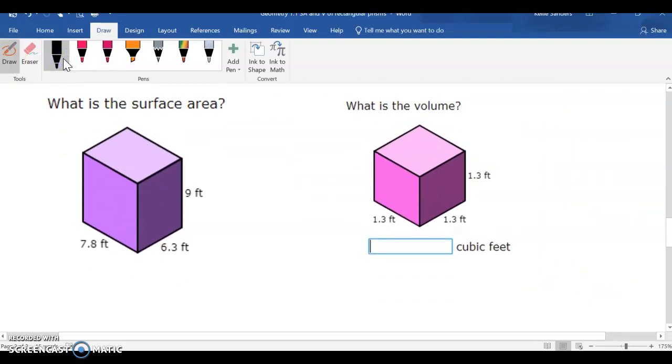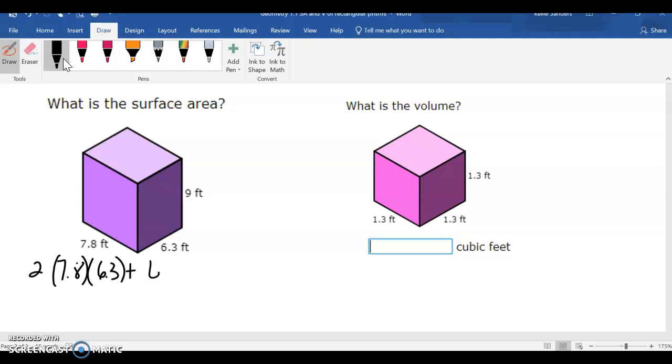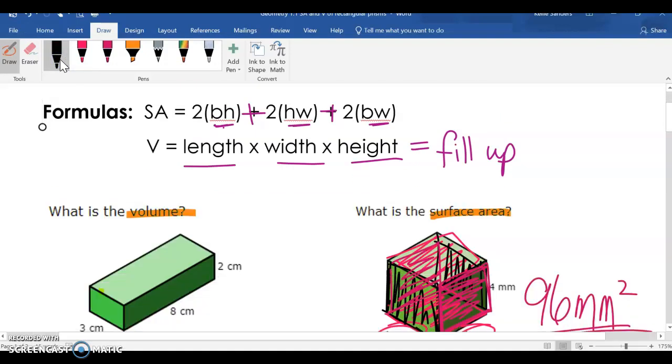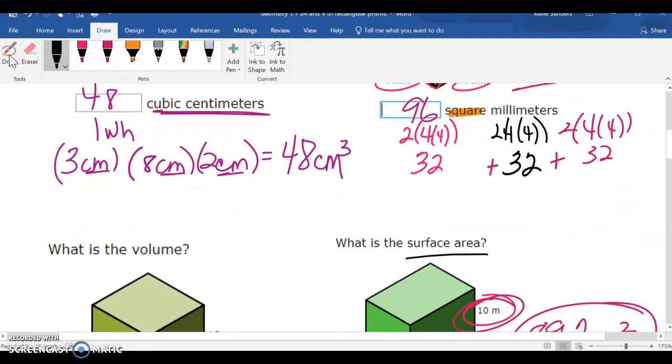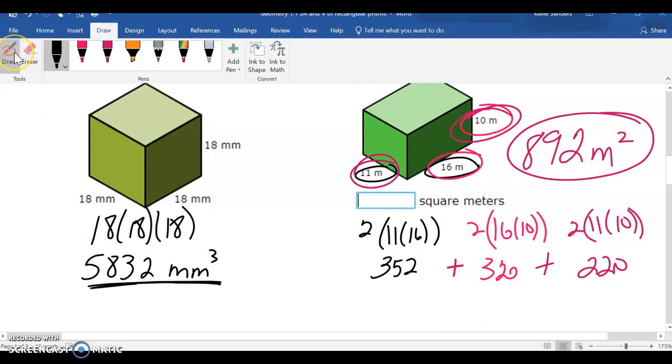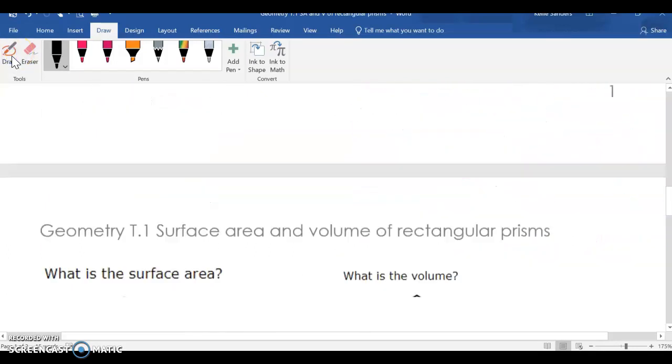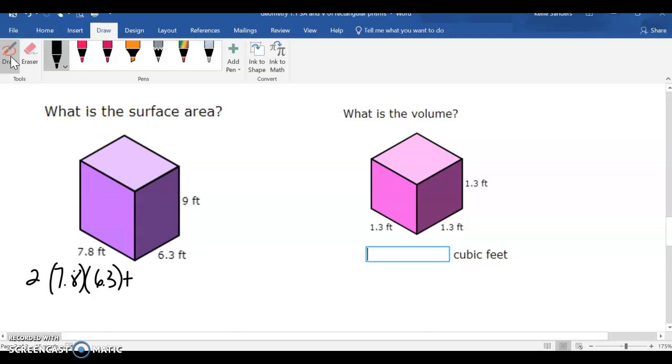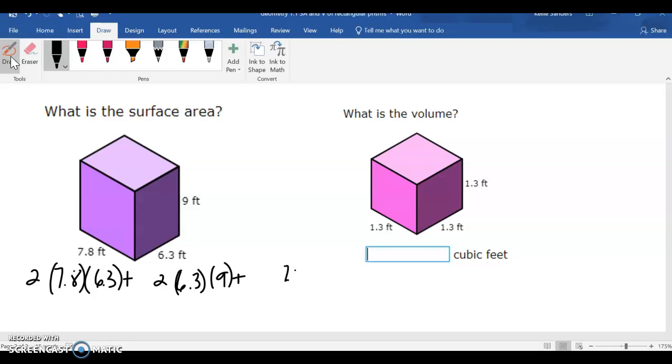Same stuff, just decimals. 7.8 times 6.3, and there are 2 of them. Then 6.3 times 9, and there are 2 of them, and 7.8 times 9, and there are 2 of them.